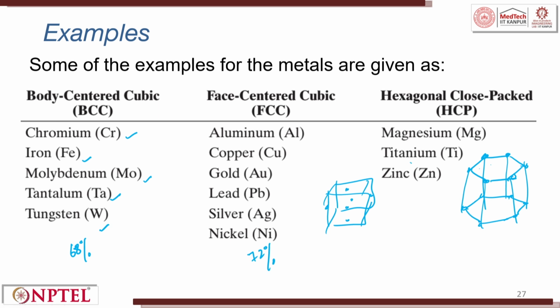Titanium, zinc and magnesium fall under the category of HCP. If you look in more detail, you will understand there is something called a slip plane, and there are different possible slip planes. All these details are there, but that will take us beyond the course objective. So, we will stop here.